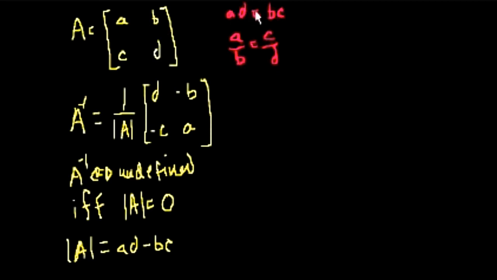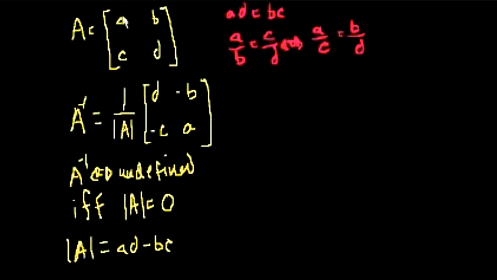Or another way, we could write this expression, A over C is equal to B over D, if I divide both sides by C and by D. So another way that this would be singular is if this is true, then this is true. These are the same, just a little bit of algebraic manipulation.